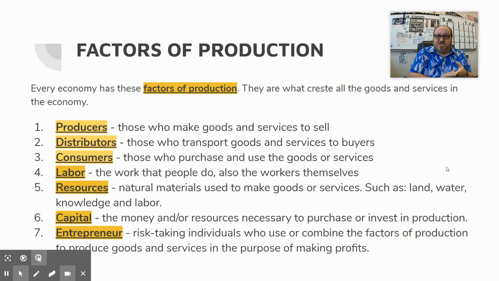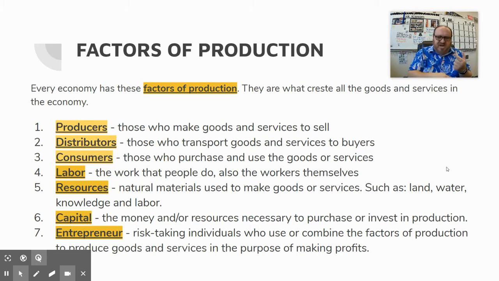Resources. Resources talks about natural resources, okay? Natural goods, materials that are used to make goods and services. So we're talking about land, lumber, water, metal ores, knowledge, labor. Those kinds of things are natural resources or resources. Now, capital is when you take resources and you create it into a tool that you need for production.